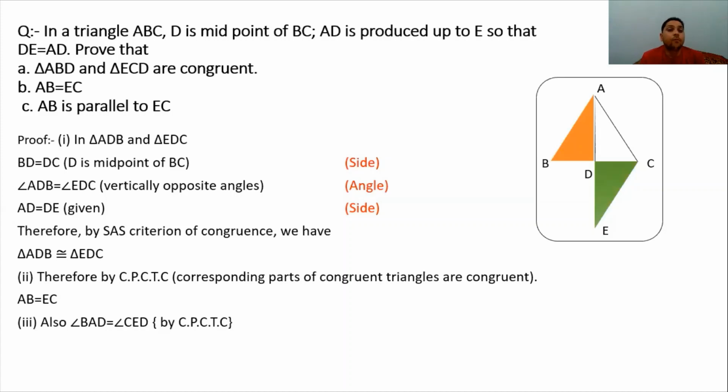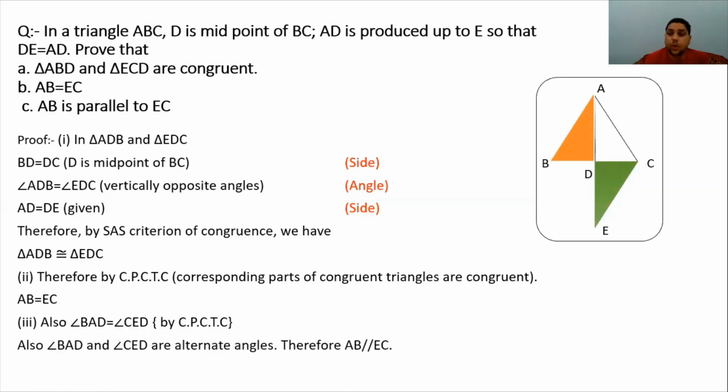Then we have to prove that AB is parallel to EC. Now one more thing: angle BAD and angle CED, these two angles are alternate angles.